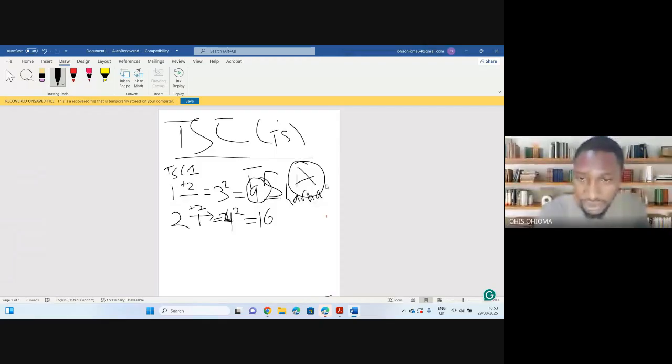They like to play with these things a lot in the MCQs. So I'm trying to help you with a way to remember so that you don't get stuck in the exam. And then you remember tuberin for TSC2. So 2 plus 2 equals 4, and 4 raised to the power of 2 is 16.